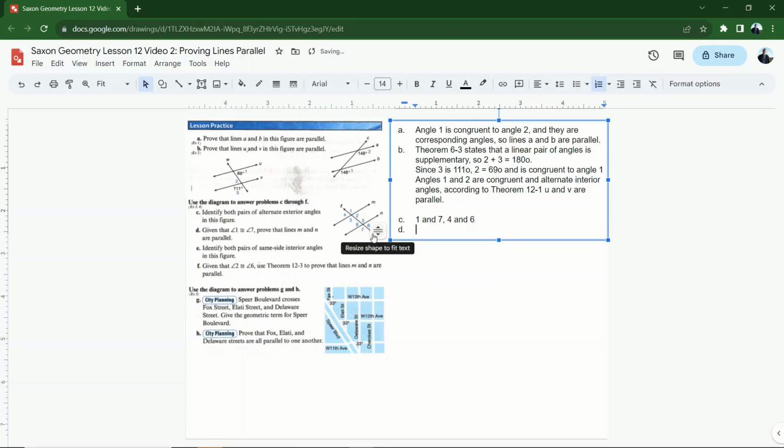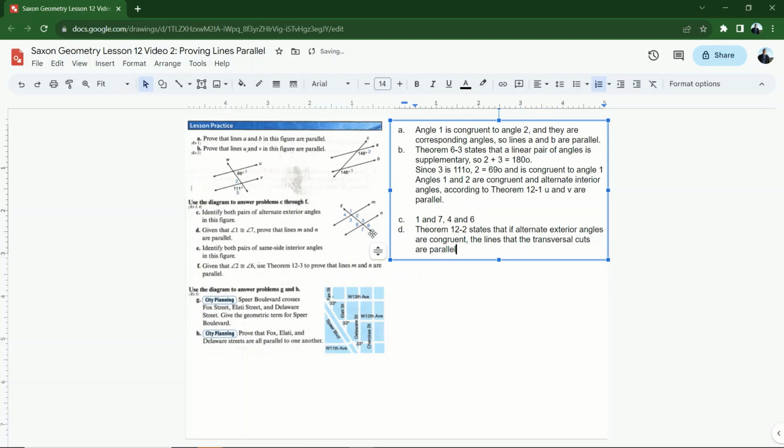Now, letter D. Given that 1 and 7 are congruent, prove that lines M and N are parallel. Well, theorem 12.2 states that if alternate exterior angles are congruent, the lines that the transversal cuts are parallel.